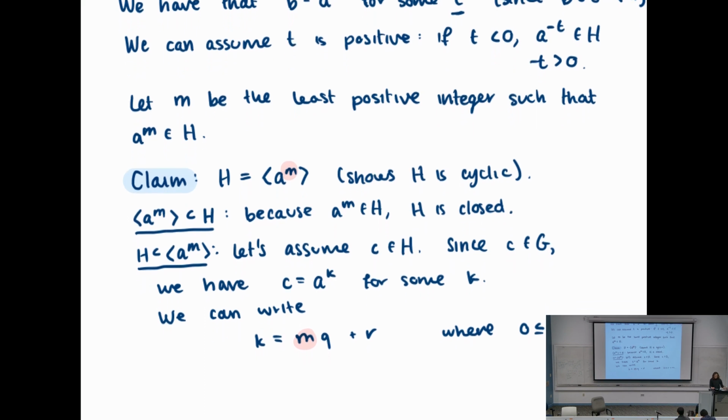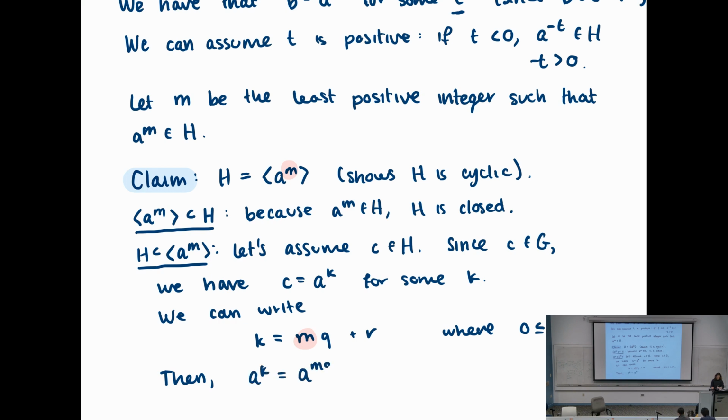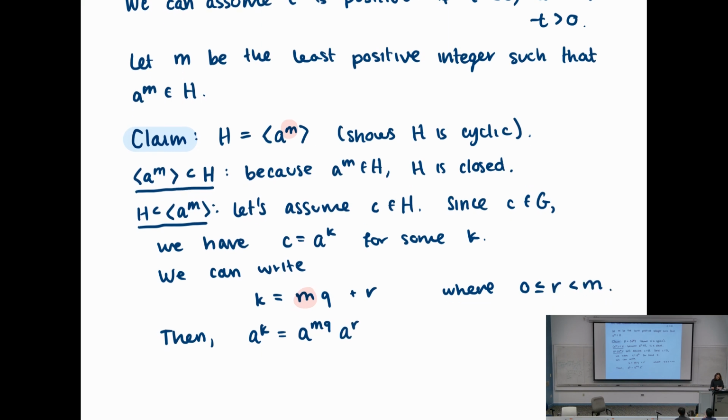Okay, so then a to the k is equal to a to the mq times a to the r. And so we can rewrite a to the r as a to the minus mq times a to the k.